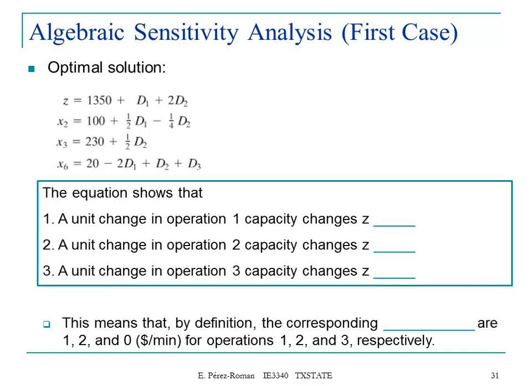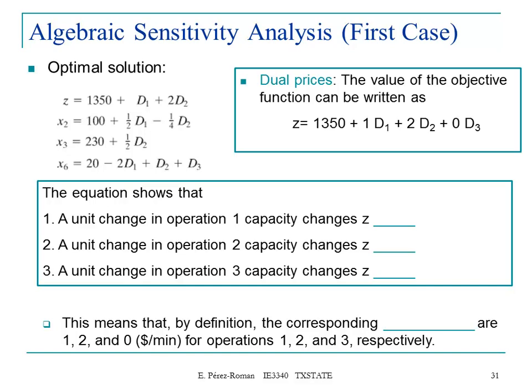But the equation shows that a unit change in operation 1 capacity changes the value of the optimal solution by 1. And you can see that from here. If you change the value of that variable by a unit, that would increase the value of the objective function by 1.